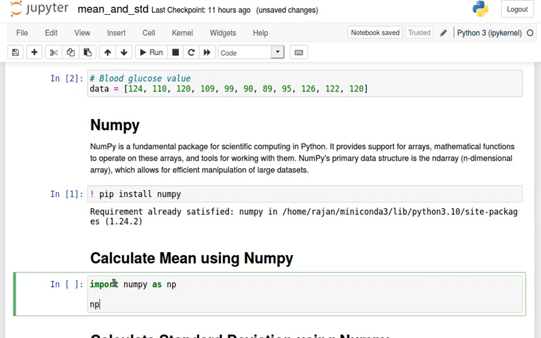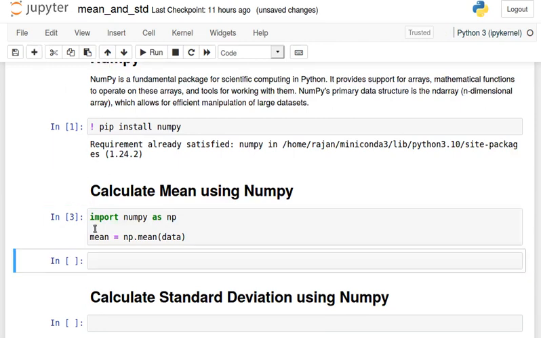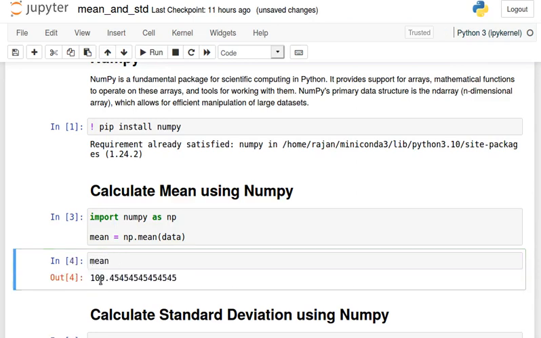For that, you have to use the mean method of NumPy, and we will put the data here. So we have calculated the mean. Let's see what is the mean of our data. So it is around 109.45.